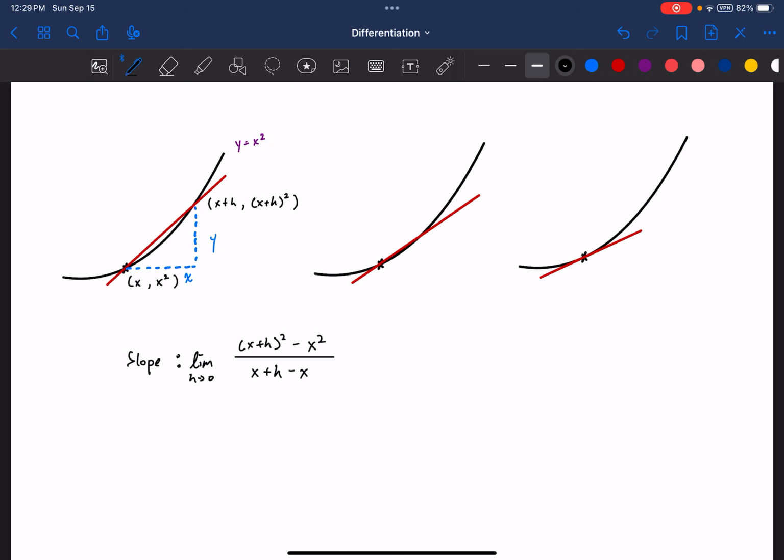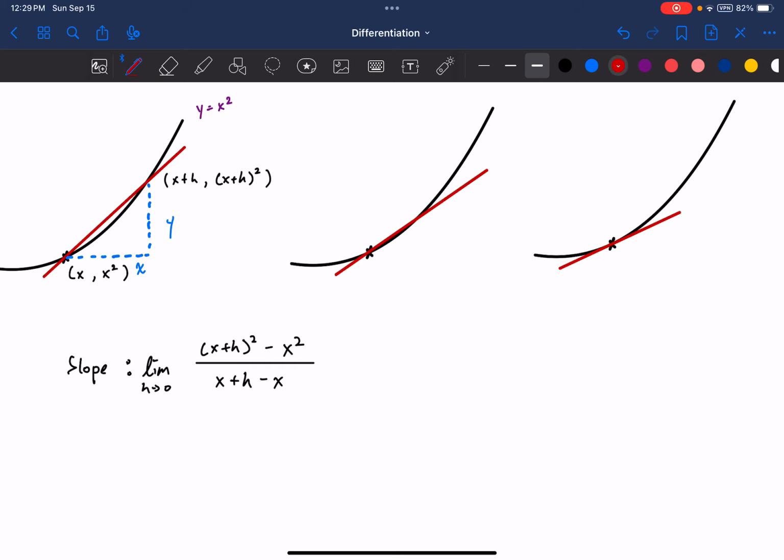Now, regarding the notation of h, some people will use delta x, which I guess is more accurate because delta x is just a change in x, and it can mean a really small change, but honestly it's the same as h.